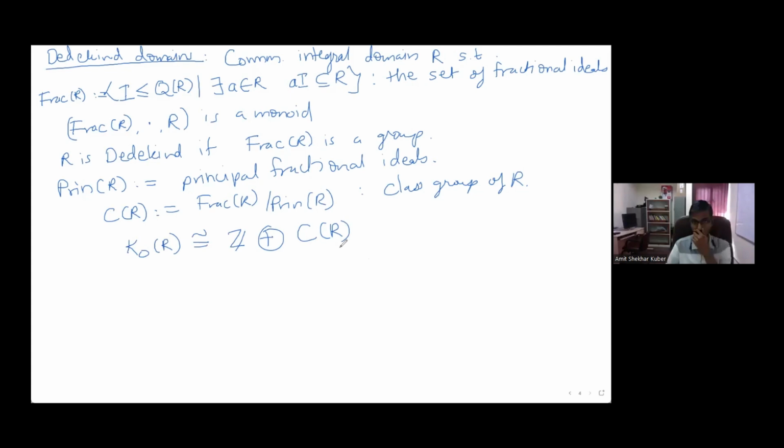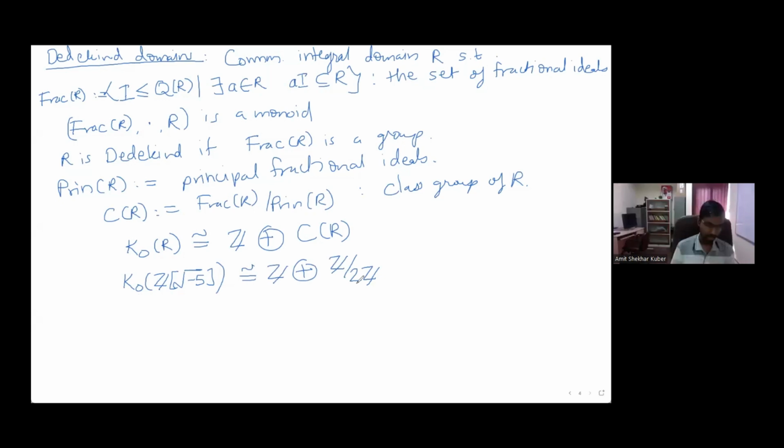If I start with K0 of Z adjoined square root of minus 5, it is Z direct sum Z mod 2Z. So this is the first time you have seen a non-trivial example.